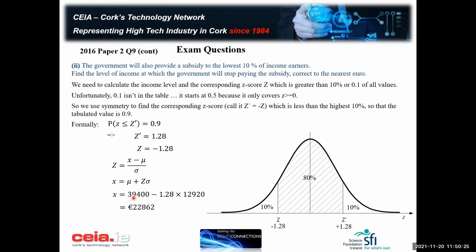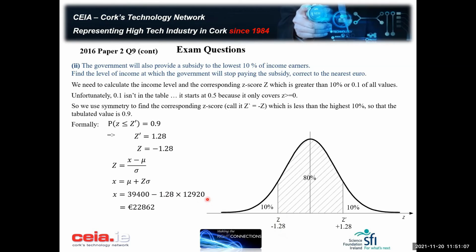Plugging in the values we have for sigma and mu, we get 22,862. Another way of looking at this is saying that because the P of Z less than or equal to minus 1.28 is 10%, 10% of values will be more than 1.28 standard deviations below the mean, right?